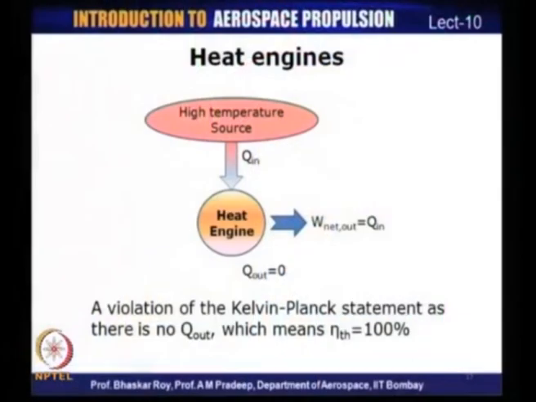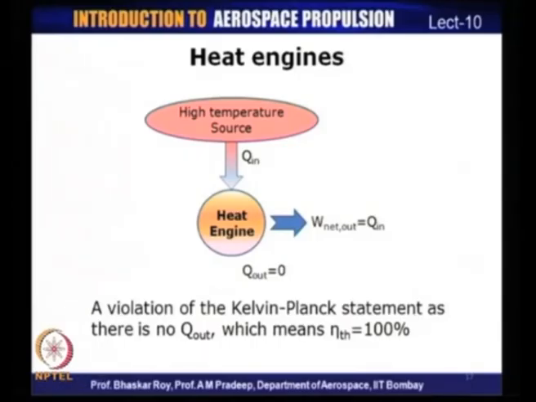Now, if you look at this example I am showing here of a heat engine, we have a high temperature source which is providing a certain heat, Q in, to the heat engine, and because Q out is equal to 0, the net work output is equal to Q in. Therefore, the thermal efficiency of this particular system will be equal to 100%, because Q out is 0, and this is clearly a violation of the Kelvin-Planck statement.